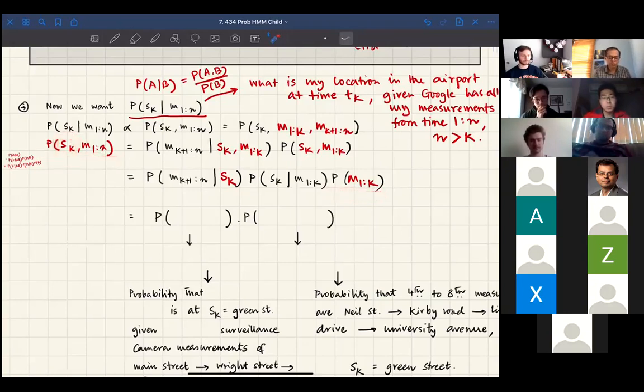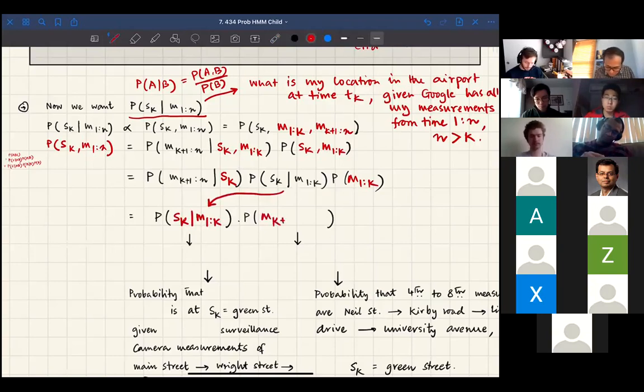So if I want to find which value of SK has the highest probability, I really don't care about this, because all the values of that SK will have this term in it. So if I want to find the max, it will always contribute the same value. So I can forget it. Very good. So then I write this as P of SK given M1 through K times P of MK plus 1 through N given SK.